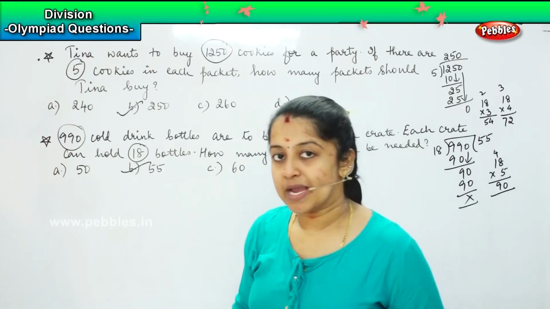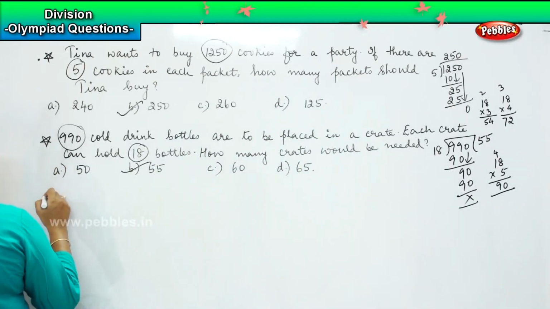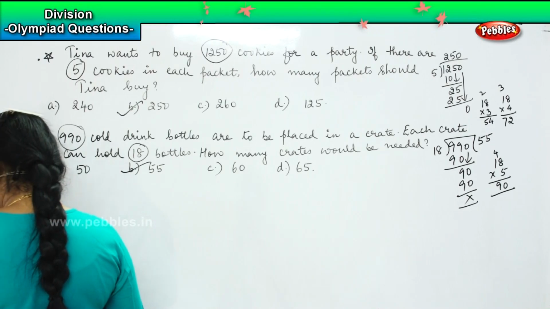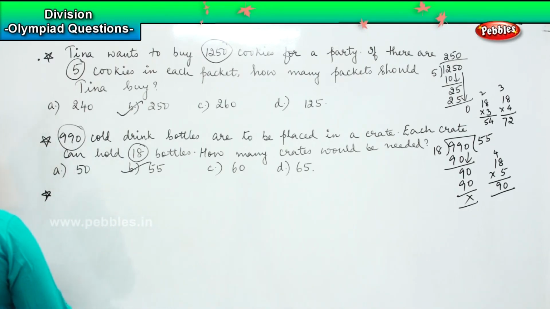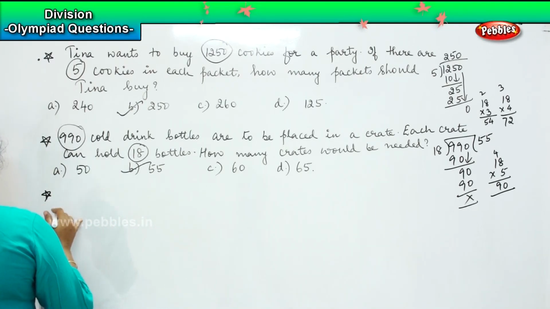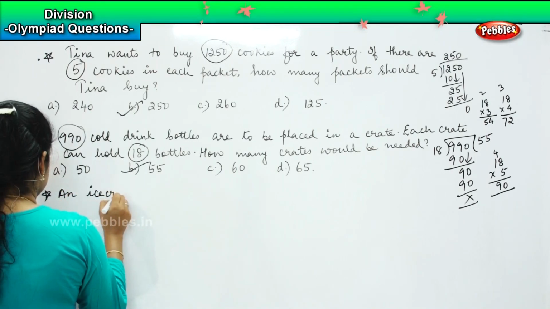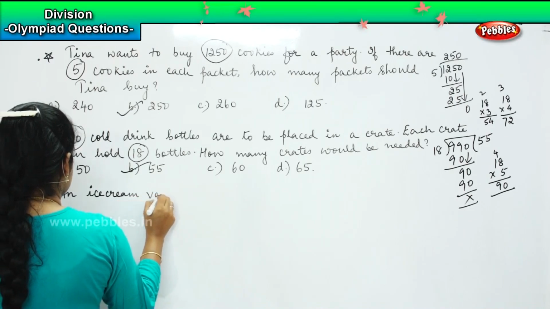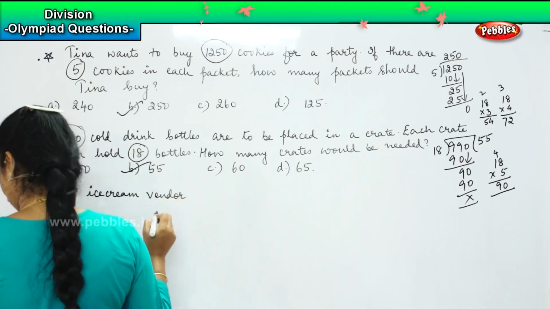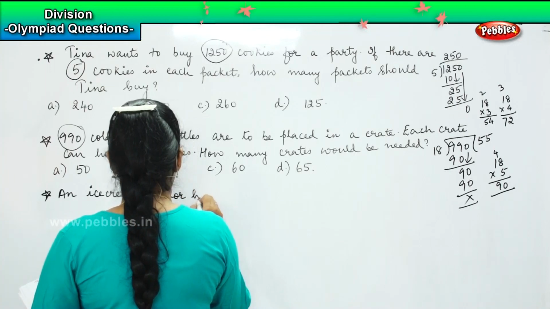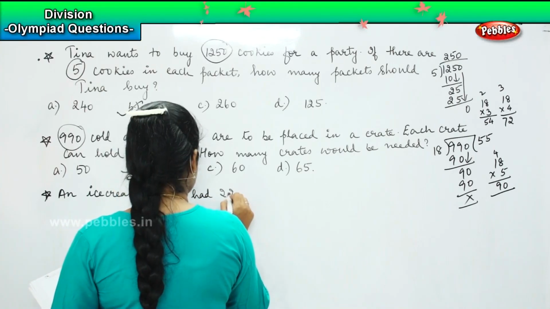Okay. So here is my next question for you. The question says, an ice cream vendor had 220 cherries.